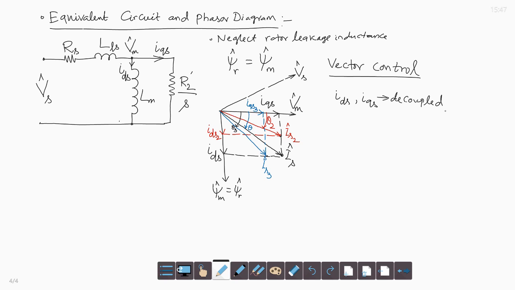So, this is demonstrated by neglecting the rotor leakage inductance, but while considering the rotor leakage inductance also, the control can be implemented to give the decoupling between the flux component of the current and torque component of the current, and to obtain mutual orthogonality between these two components, so that to get fast transient response.